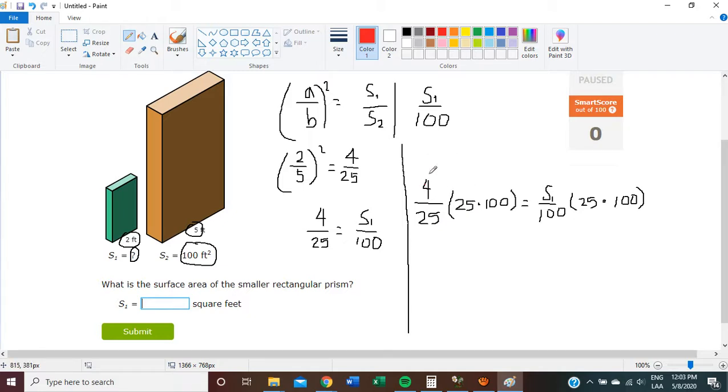So at the end it's going to be just 4 times 100. So we're going to eliminate this and this, and the result is going to be 4 times 100.